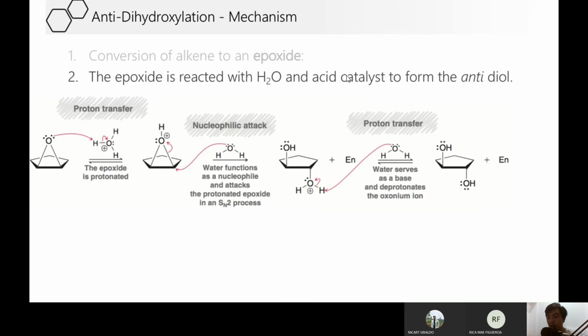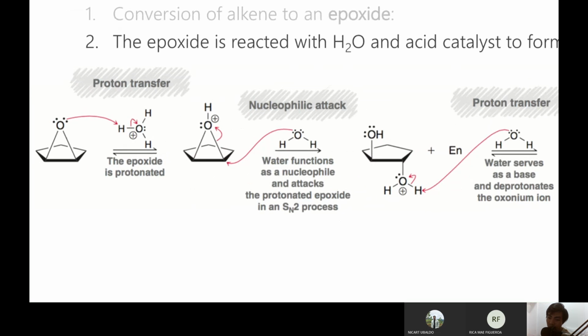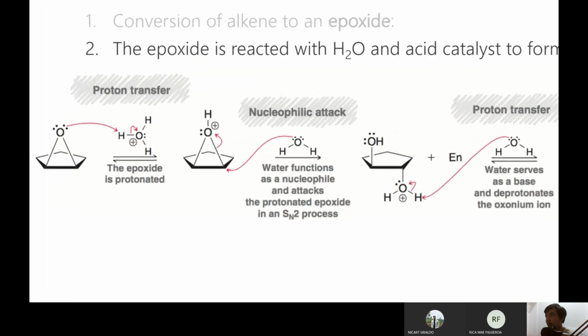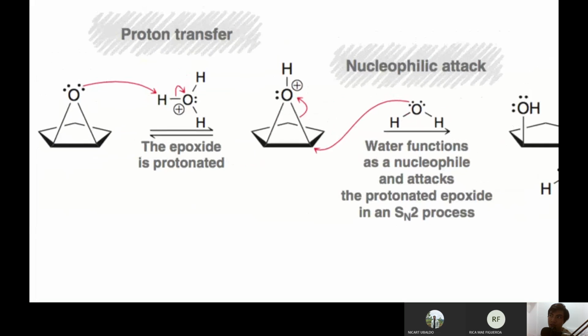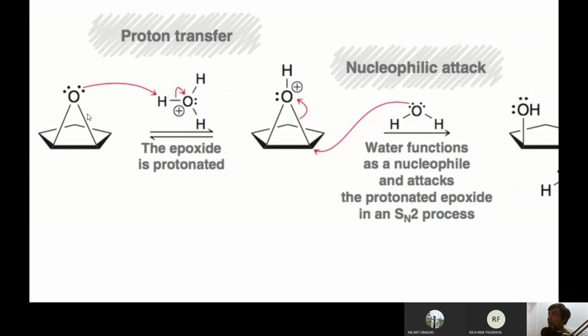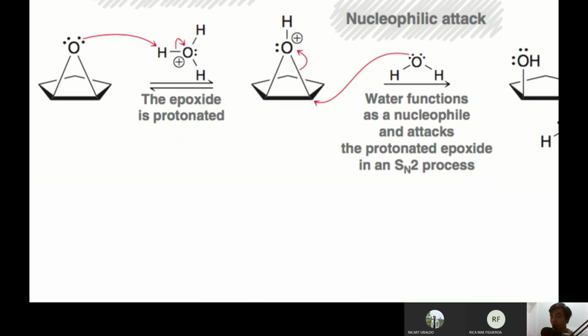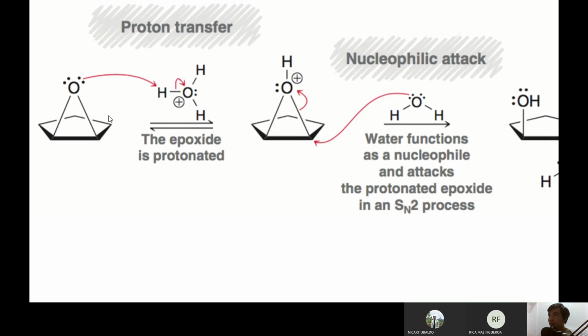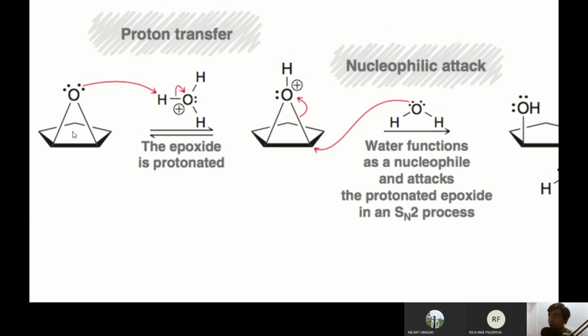The second process is this one. No? Similar siya with bromonium ion. What happens here is that this is your epoxide. Ano mangyayari? Mapoprotonate muna yan. So as it becomes protonated, this will activate one of the carbons para kabitan ng water, no? So your epoxide under acidic conditions will be protonated as shown here.